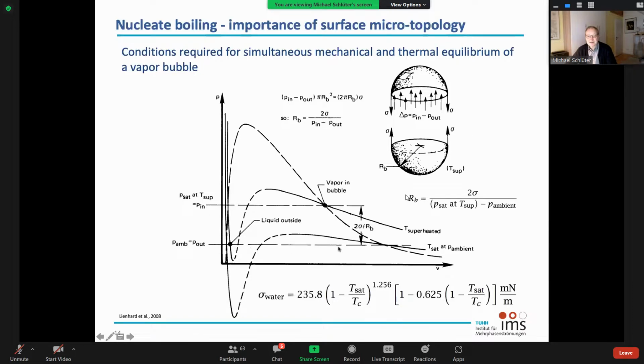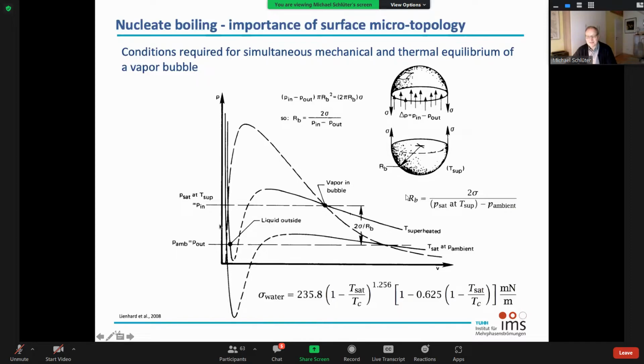This is our ambient pressure, and if we overcome this critical pressure, then the bubble will be created. This temperature difference is the superheated temperature, and this is the pressure difference that is related to our surface tension and the bubble radius. So this is how it is created.